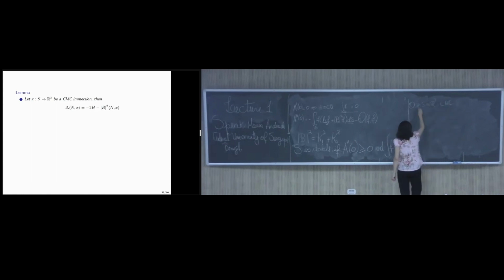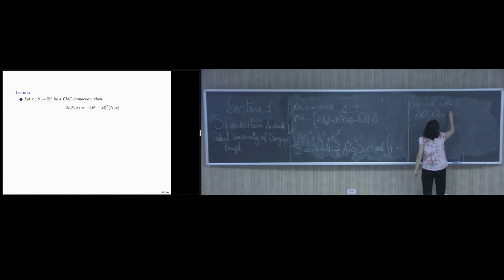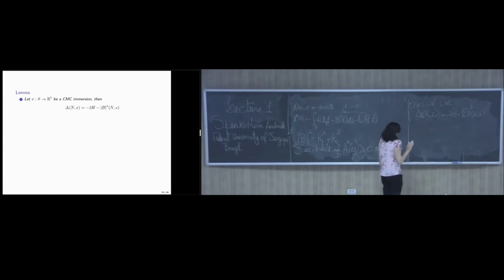You can calculate the Laplacian of this function, where n is the normal vector, and it is not difficult to show that it is equal to this expression. H is the mean curvature. This expression, calculated in Euclidean space, is a little different in another space, okay?